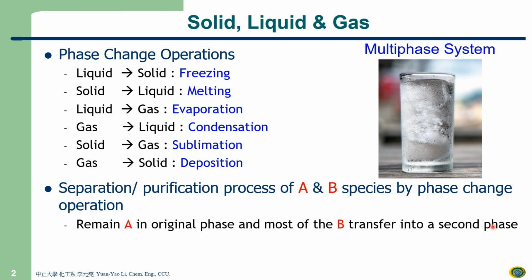For example, you have a mixture of water and acetone. You want to separate these two, right? Water and acetone, they are miscible, okay? And then they are a mixture. So you want to separate these two. You use what?